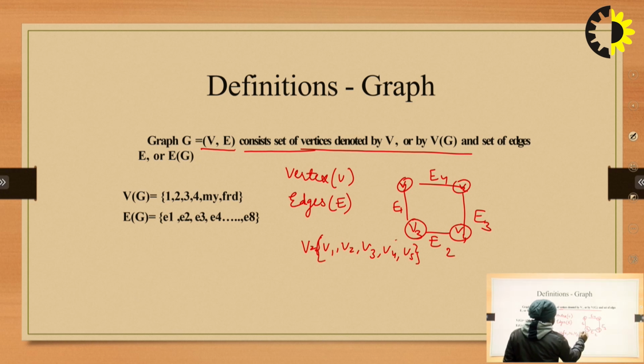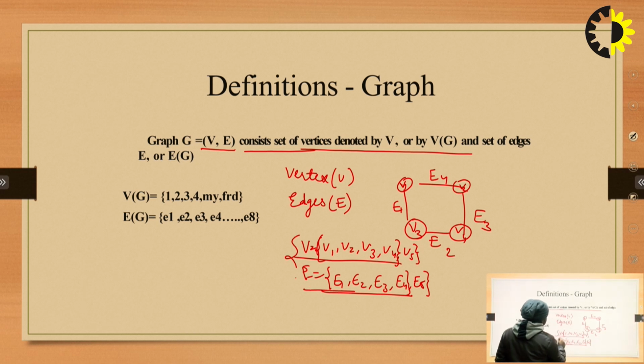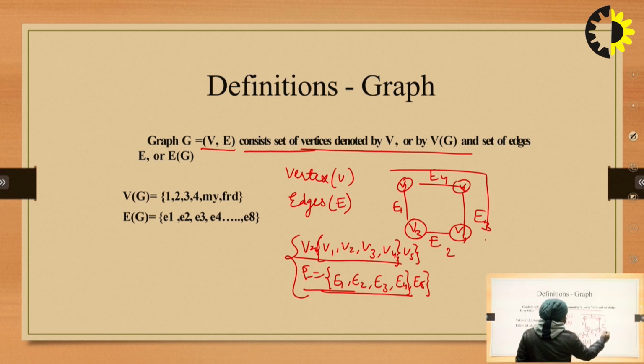I have only v4 here, so we are taking v4, and the edges E = {e1, e2, e3, e4}, a set of edges. We are taking 4 edges. So this is the set of vertices, this is the set of edges. When these all exist together, it is called a graph.